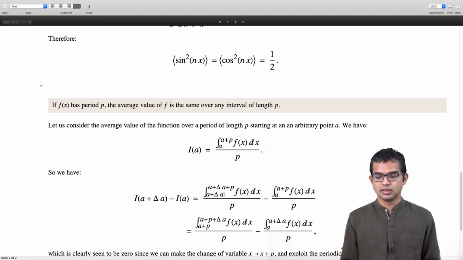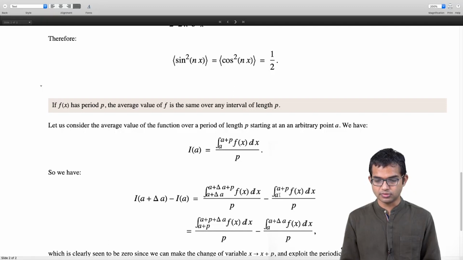There is a leftover bit from a plus p to a plus p plus delta a, which I have to keep, and then I also have to subtract the other part which is left out, which is a to a plus delta a.